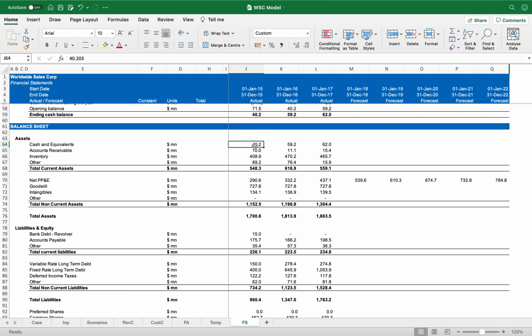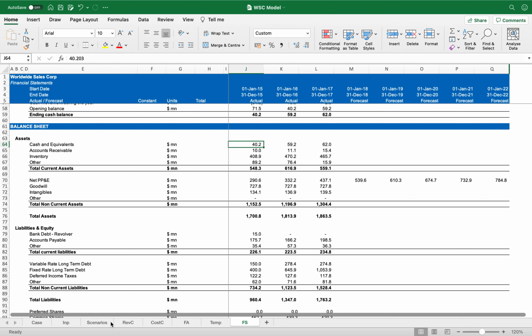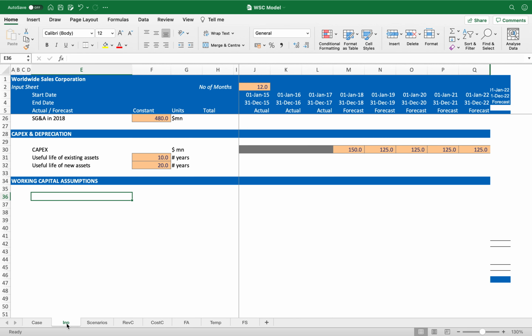Why? Because that balance of cash comes from our cash flow statement only, right? So we are not required to compute this cash balance as a percentage of something. So the first is accounts receivable.